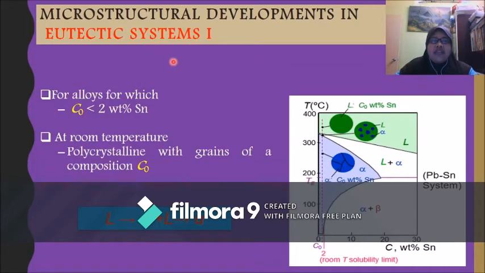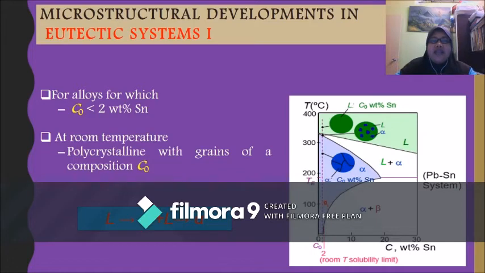Eutectic system 1 is for alloys for which C0 is less than 2 wt% Sn. When we look at the figure, the C0 less than 2 wt% Sn is in the dotted purple color.